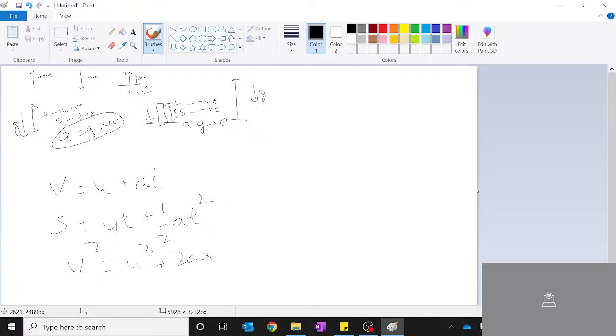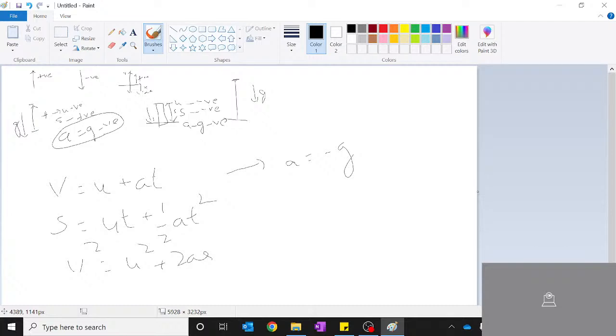Now in all these equations, whether the body goes up or down, I know that my a is minus g. Why? Because g is always down, and I have told you that whatever goes down is negative.